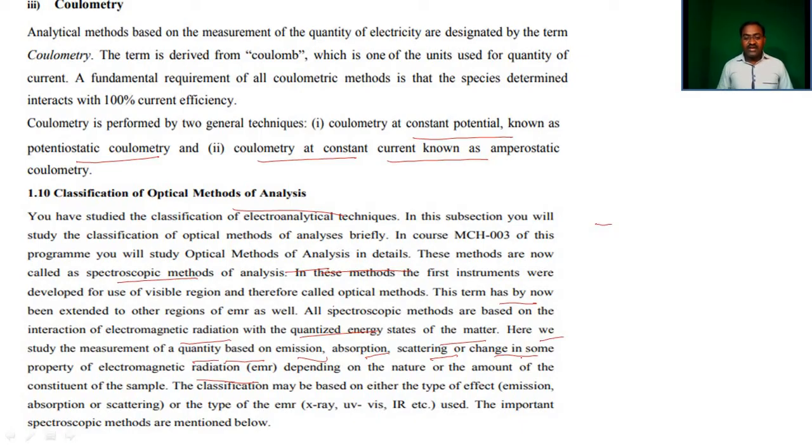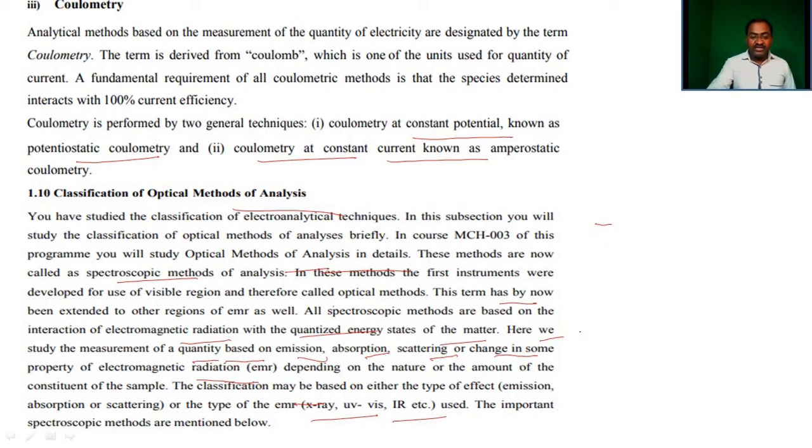The classification may be based on either the type of effect, like emission, absorption or scattering, or the type of EMR. EMR means electromagnetic radiations, like X-rays, UV, visible and IR.